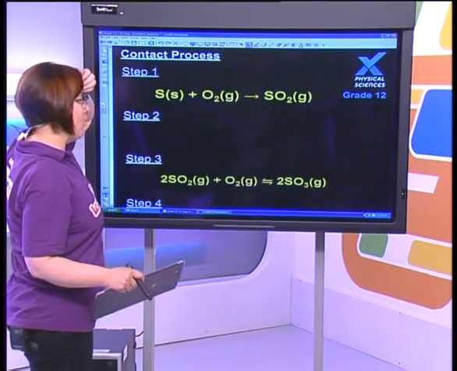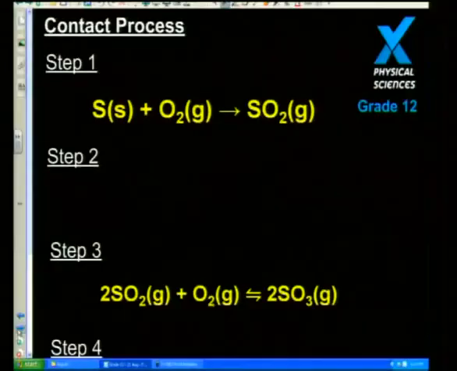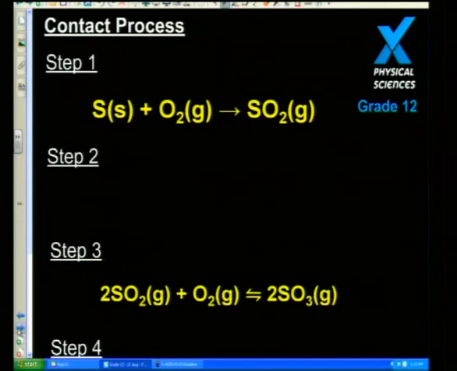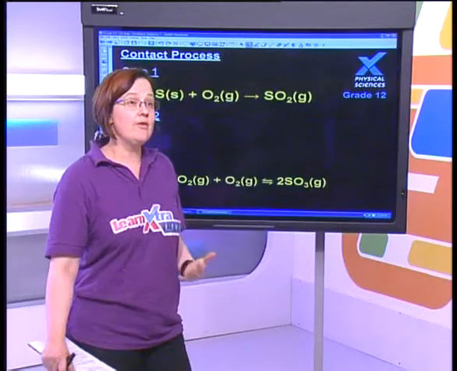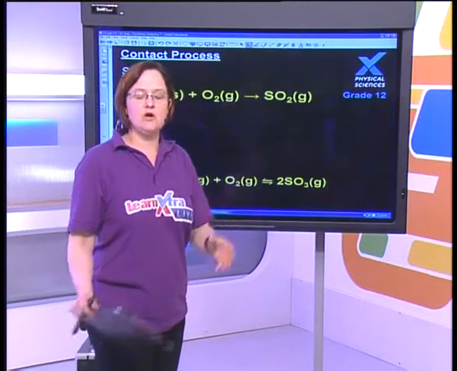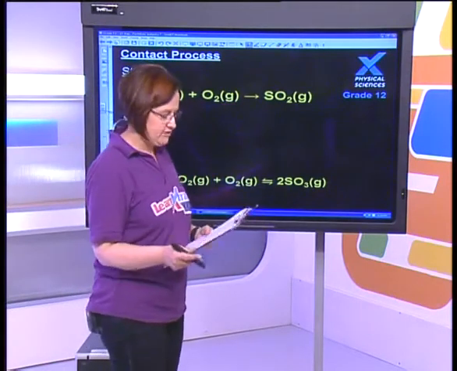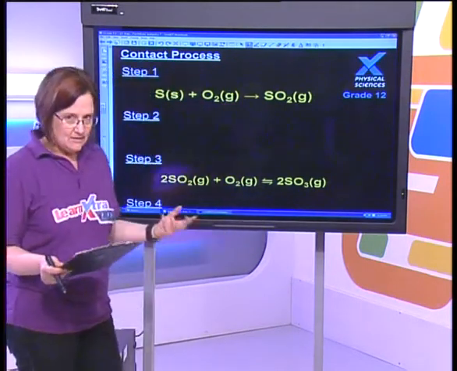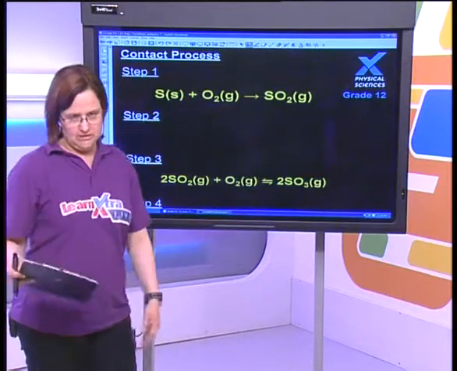Now, step one is really simple. We take sulfur, burn it in oxygen, and that gives us sulfur dioxide. Sometimes we also get sulfur from the burning of coal. The coal that we mine isn't 100% carbon, and it gives off sulfur, which can be taken off through the scrubbers. So it's actually quite an easy process, but you need to start from there.